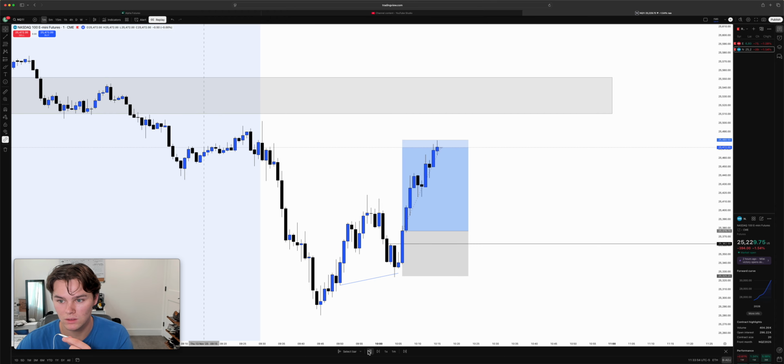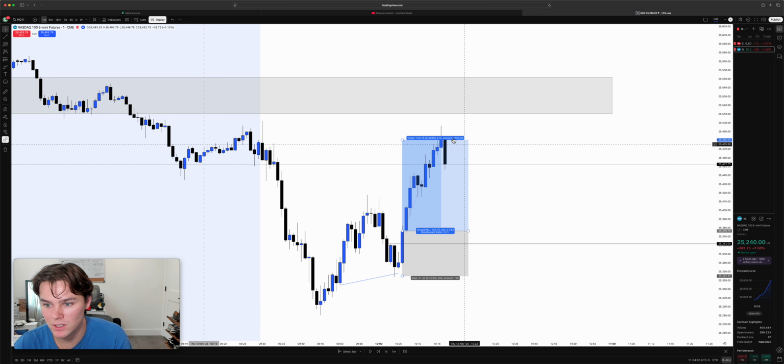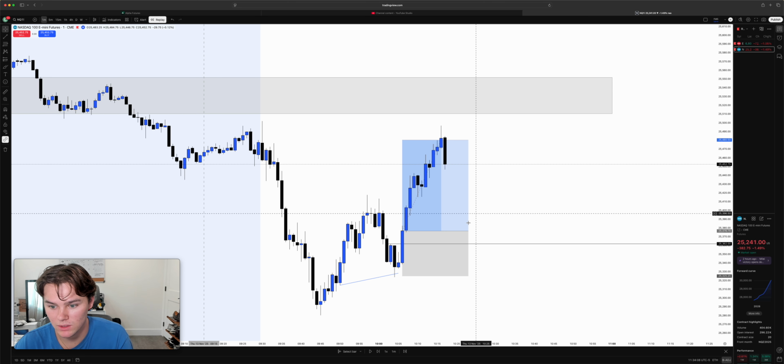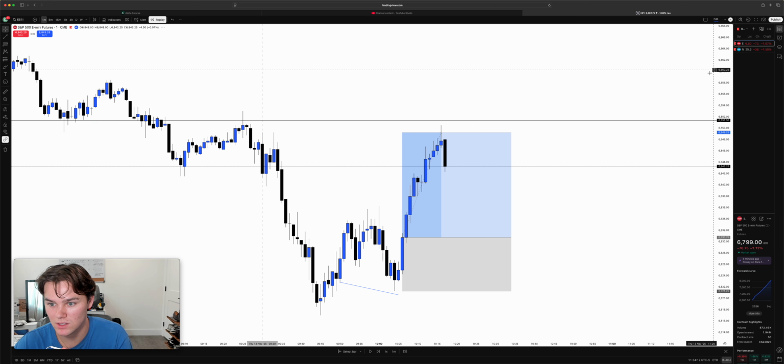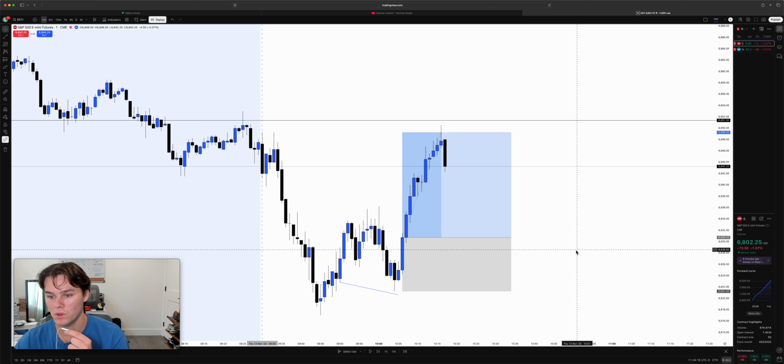Boom, it takes profit, 7 to 16 in like 9 minutes, bro. It rips up, takes profit, and doesn't even come close to this. And on ES, it does the exact same thing. So that would have been a W trade on both ES and Nasdaq that I could have taken.